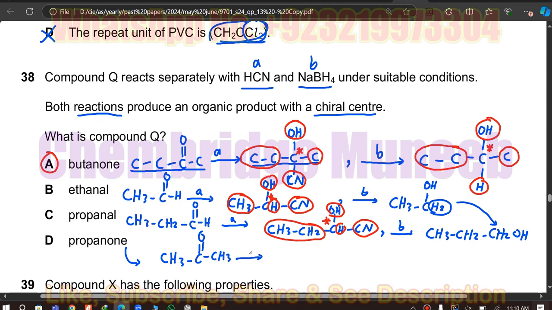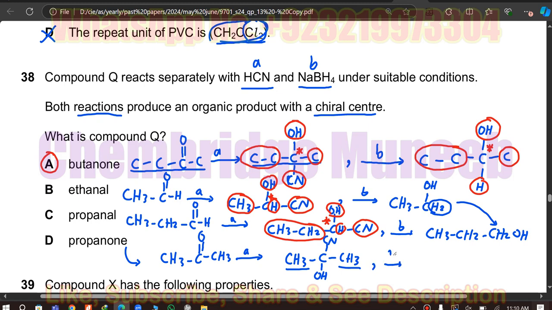When it reacts with the HCN, you will get CH3, and the carbonyl group will convert into the alcohol group, and there will be CN on the other side and then CH3. Now in this case, there is no chiral center because this carbon is bonded with two methyl groups on the sides.